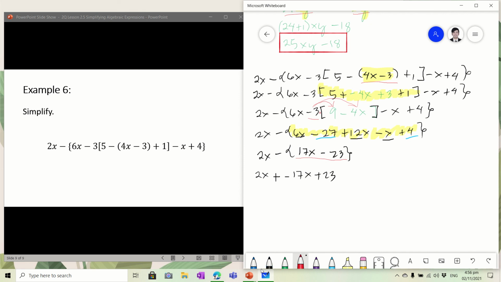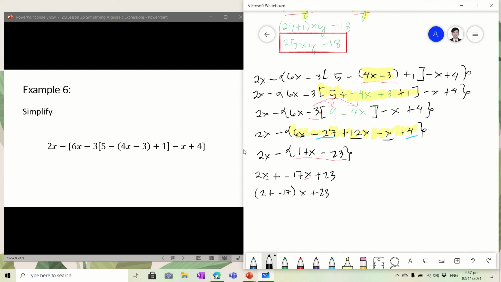And finally, you still have the like terms here with an x as a literal coefficient. So 2 plus negative 17x plus 23.